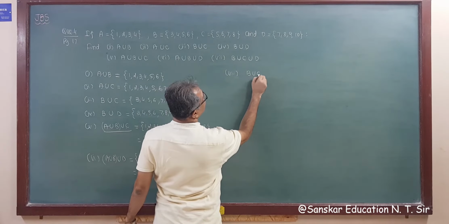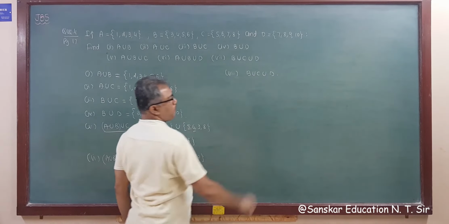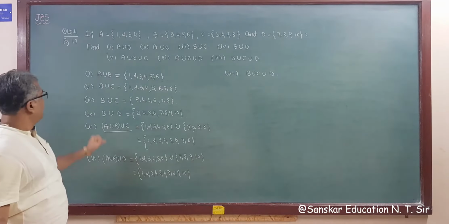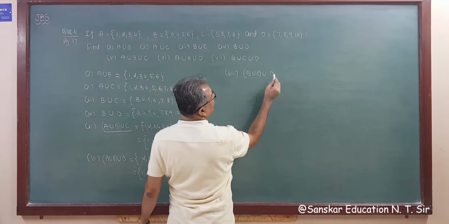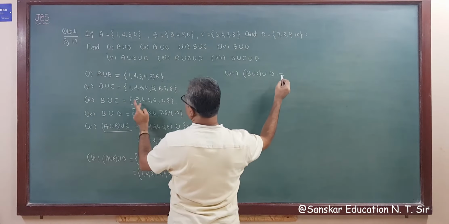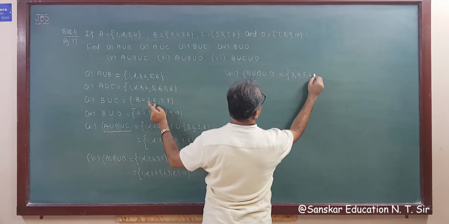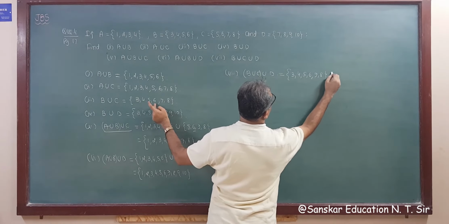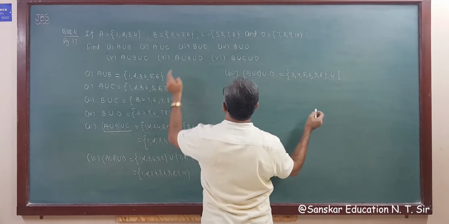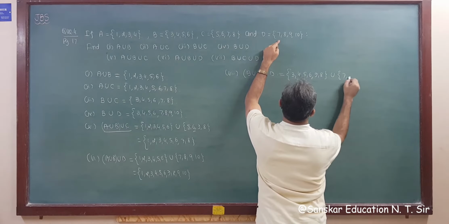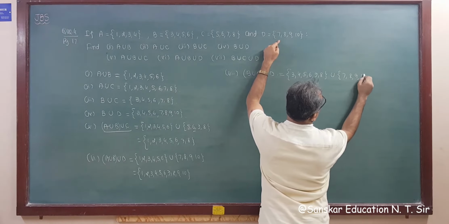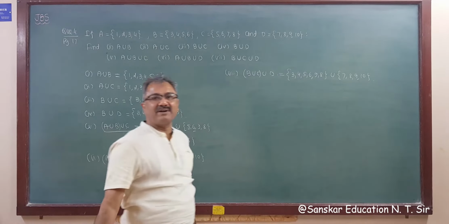B union C union D. We already have B union C, so similarly we find first B union C, then D. B union C is 3, 4, 5, 6, 7, 8, and D is 7, 8, 9, 10.